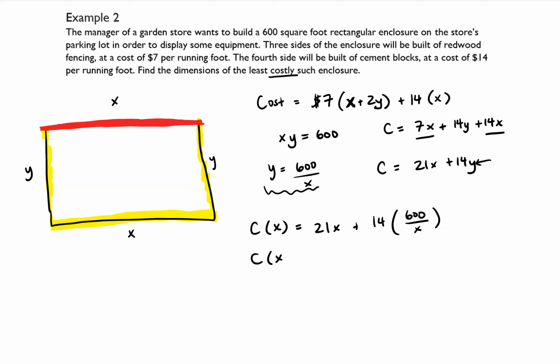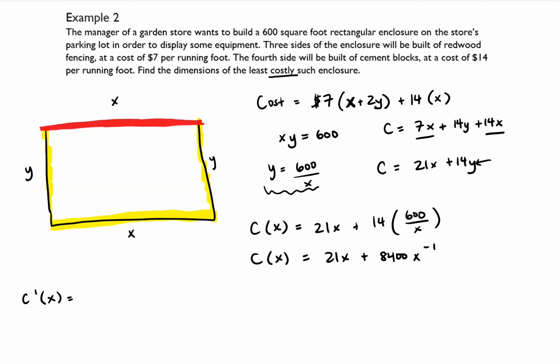Let's go ahead and simplify that a little bit. We get 21x plus, and then 14 times 600 is 8,400. And I'm going to rewrite the x so that it's x to the negative 1 power. And hopefully you understand that I'm doing that because we're about to take the derivative.